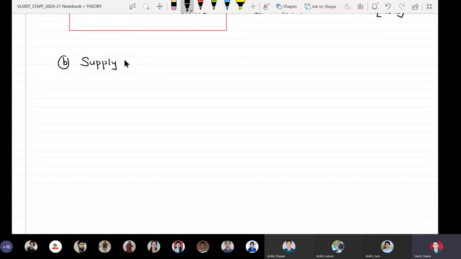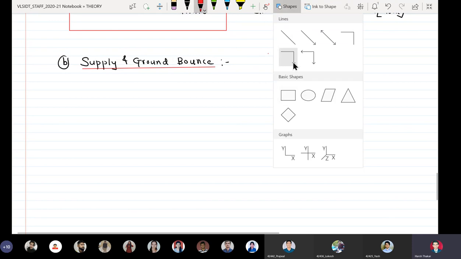If you understand ground bounds properly, exactly the reverse of that is called supply bounds. Before I explain the technicalities, I will draw one diagram here.